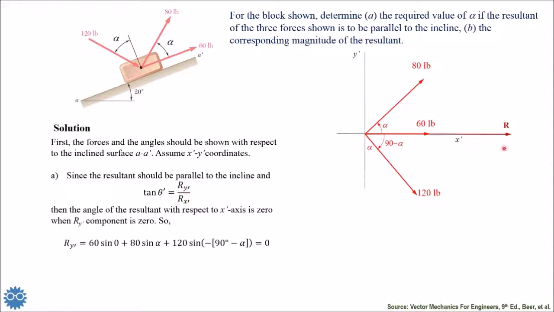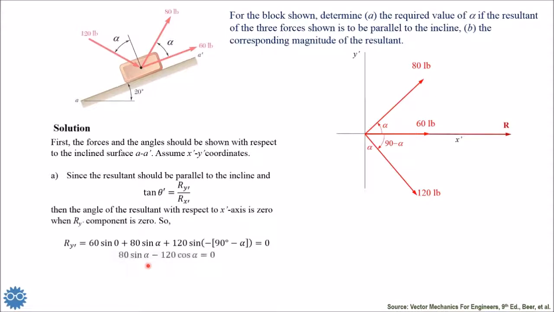But here, r is in the x prime direction, the horizontal direction, and thus the value of ry prime should be 0. So we can write the sum of the forces in the y prime direction in this way and equate it to 0, because the vertical component is 0.